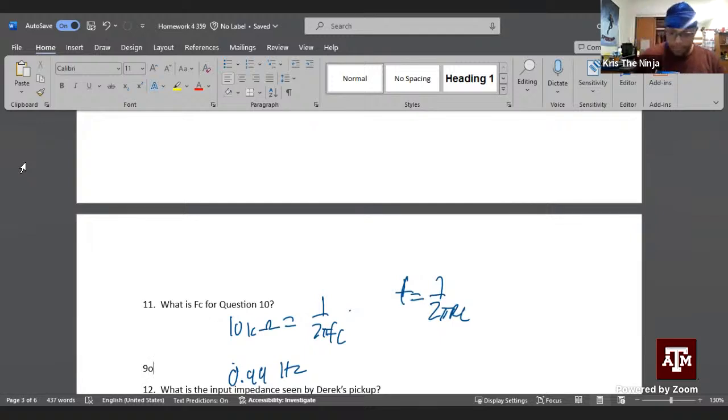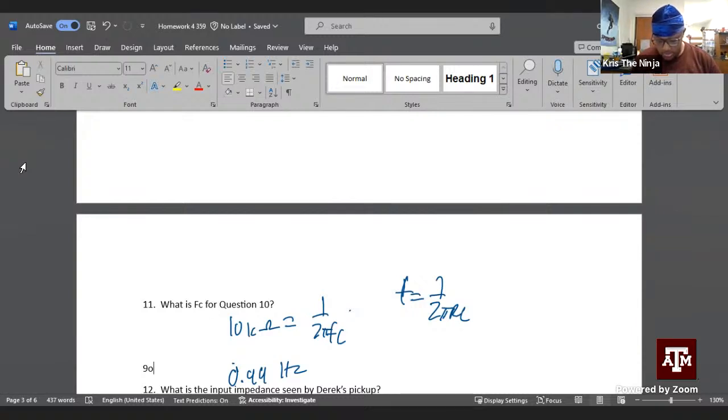That gives us an impedance. Did I do that right? Yeah. So that gives us an impedance of that monstrosity.